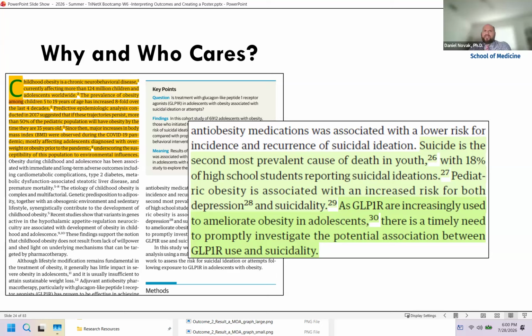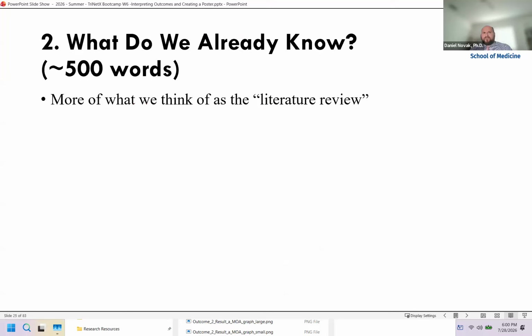So they make very clear the potential human costs of dealing with or not dealing with this issue. Why and who cares? Covered pretty well in the course of their literature review.